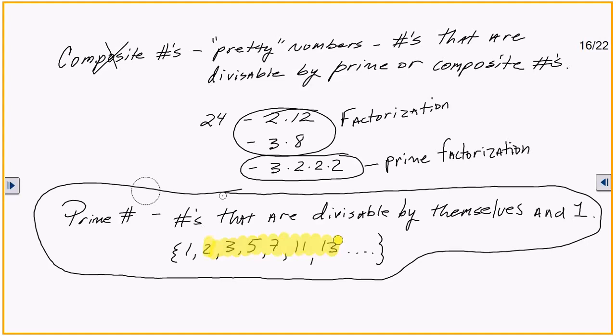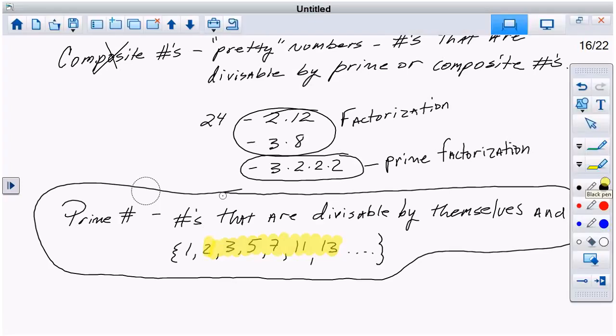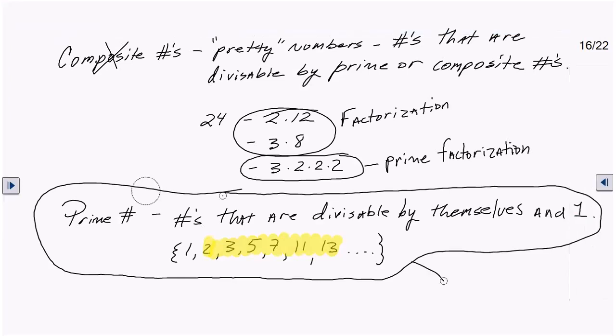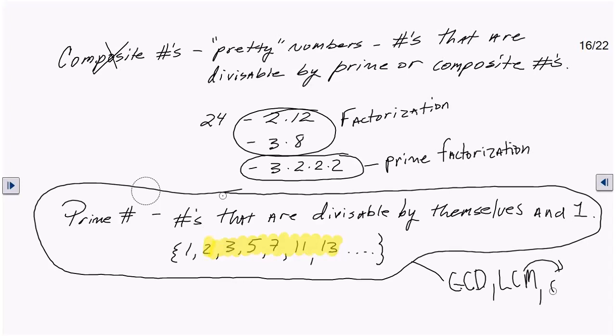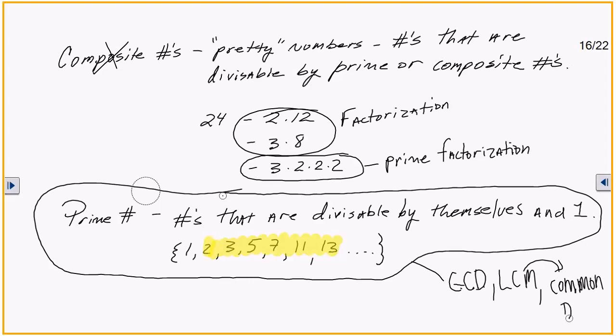Now, the prime factorization will also fall into your greatest common divisor and the least common multiple, and the least common multiple transitions into your common denominator later in fractions.